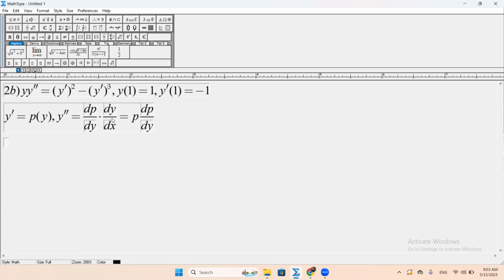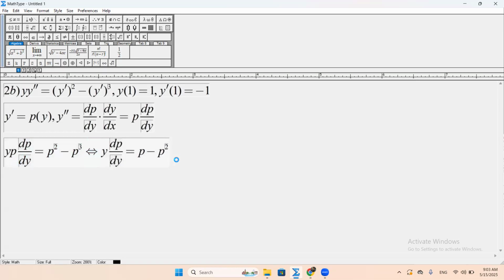Okay, substituting it into the differential equation. So what do we have? y p dp over dy equals p square minus p cube. Let us reduce the power of p, first of all. So reduced.